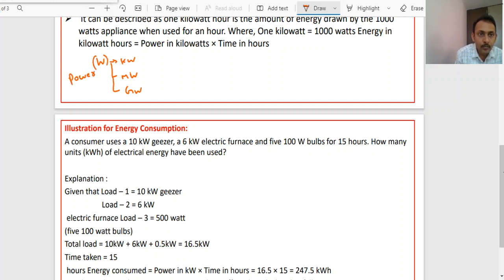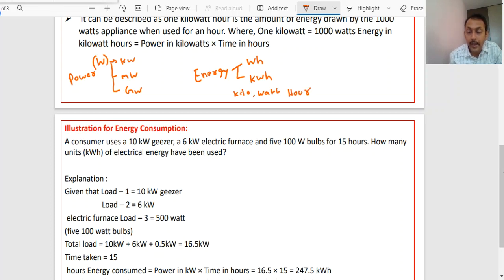Similarly, the energy which we have expressed in watt hour, if the magnitude of energy is more, we will express it in kilowatt hour, kWh. K for kilo, W for watt and H for hour.